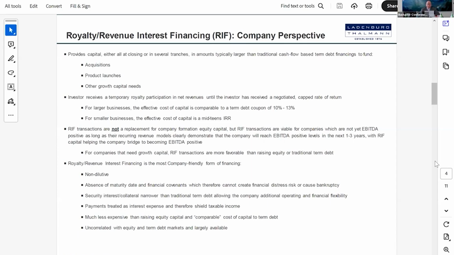Two quick questions. Do you collateralize the related IP? Yes, and I'll explain how this compares to term debt, because typically with term debt, the lender is taking a security interest on all current and future assets of the company.